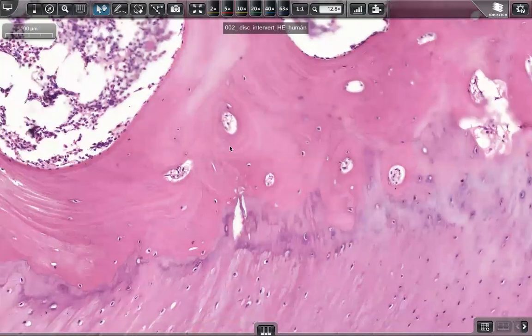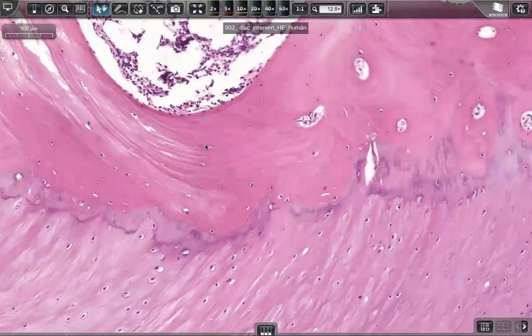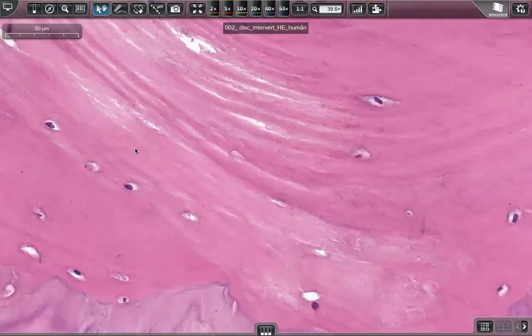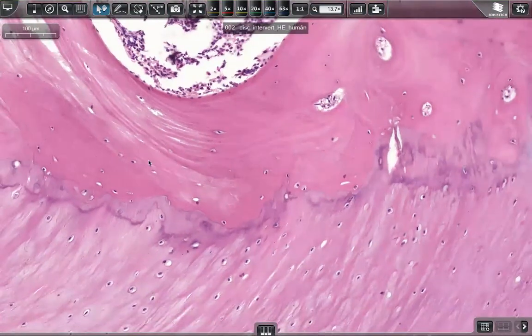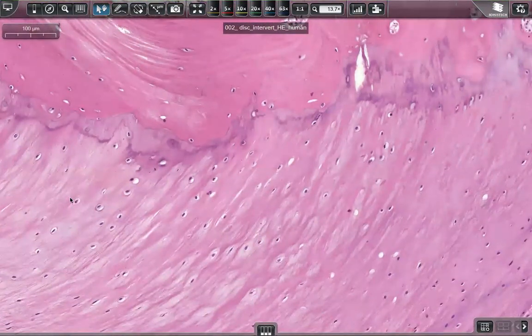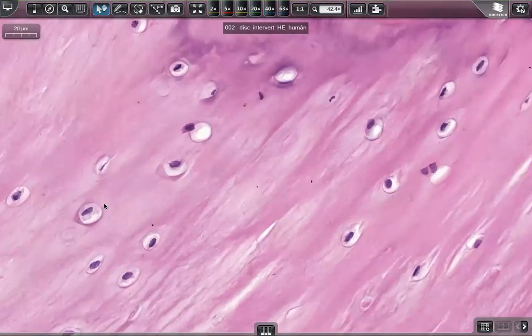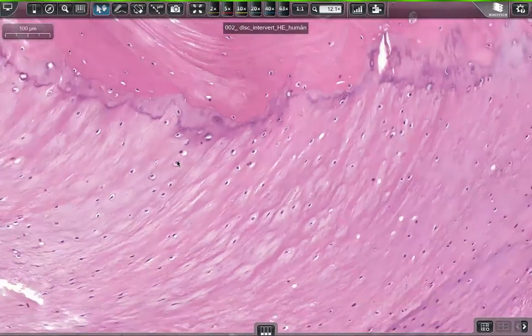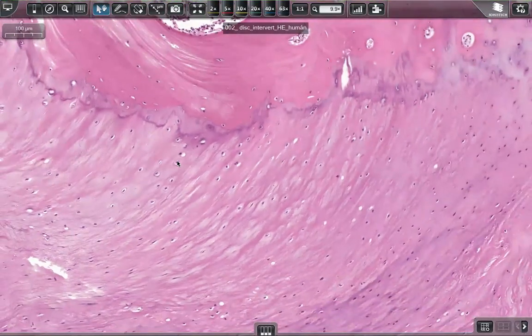So these are bony lacunae here, there, having osteocytes. But look at this. It's different, just the color, but here they are chondrocytes in their lacunae. By the way, it's a specific cartilage related to the intervertebral disc.